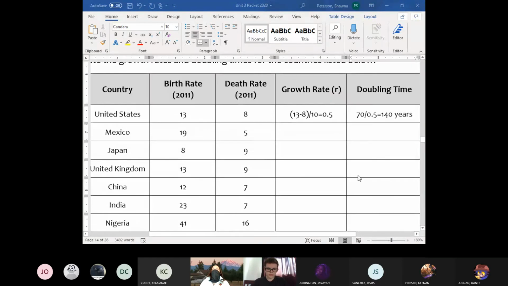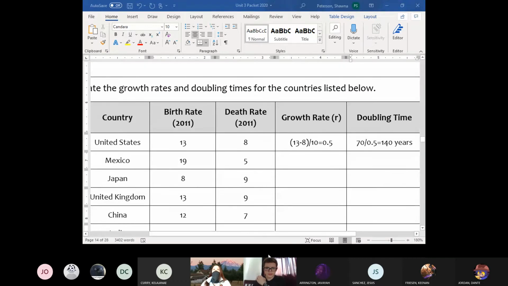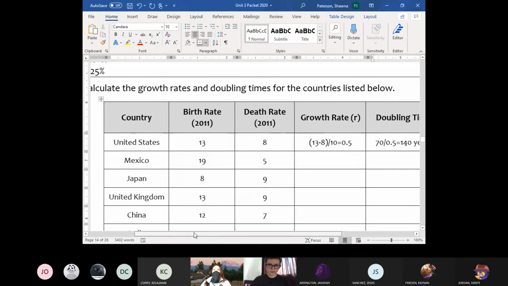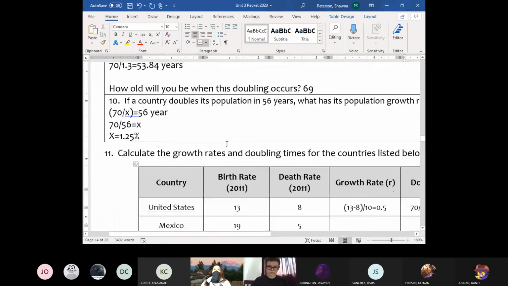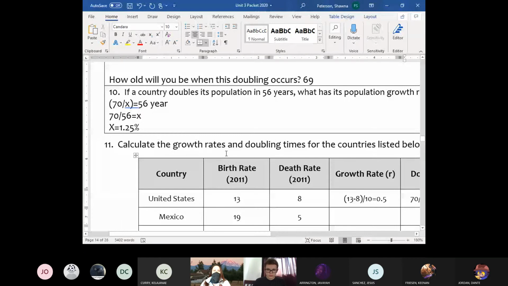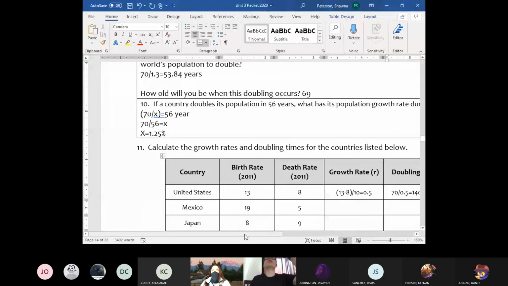I got 50 years for the second one. All right, keep going. I'll have to zoom out. I can't get both of them in.